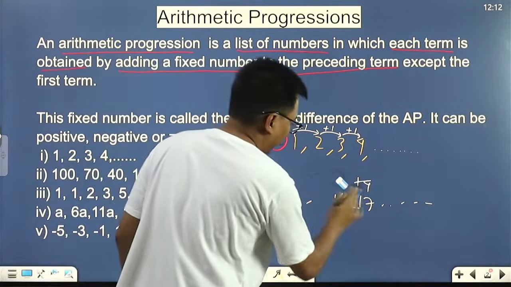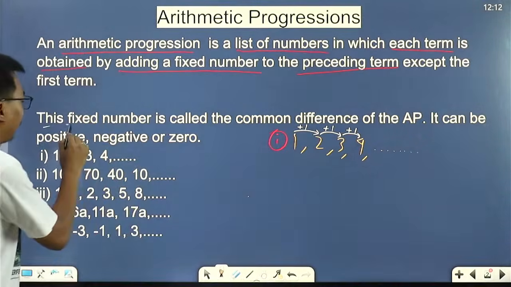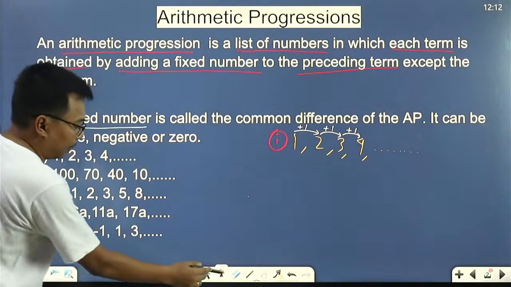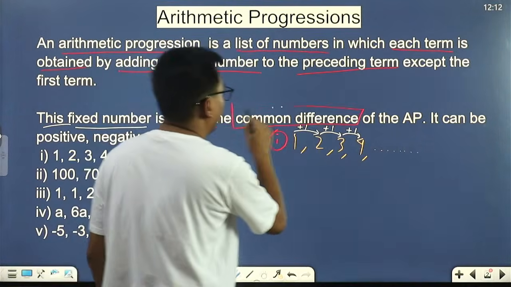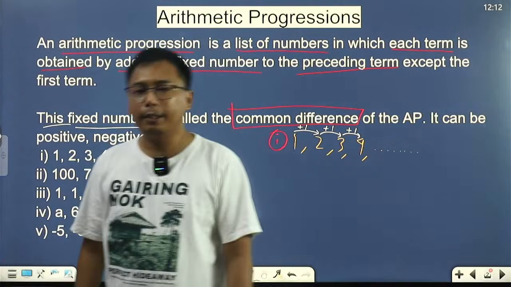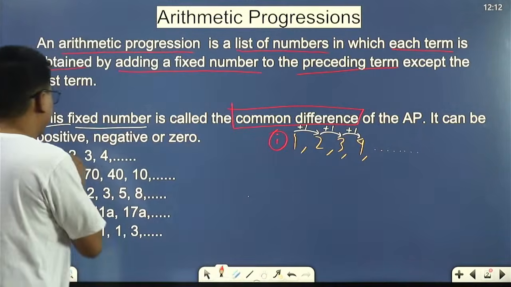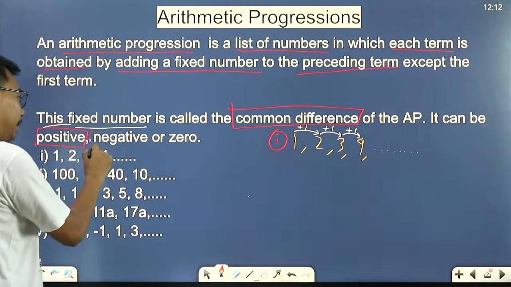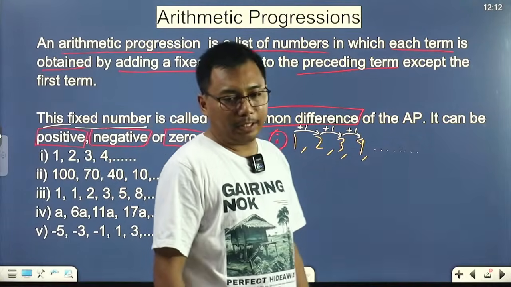Now, this fixed number, we have a name for it. We call it the common difference of the AP, and this common difference can be positive, negative, or 0.